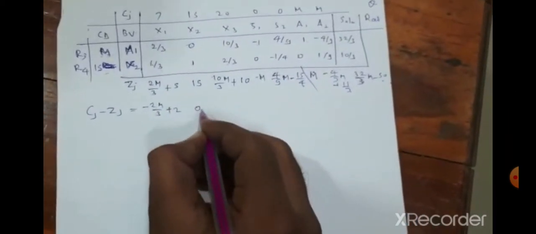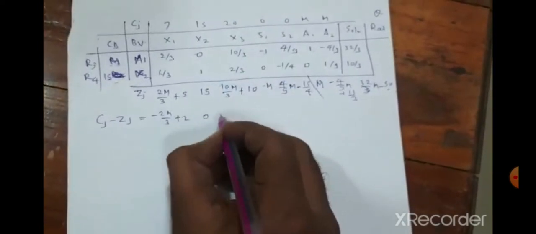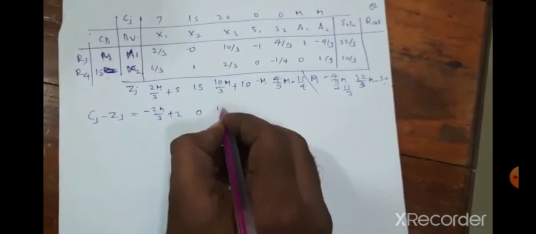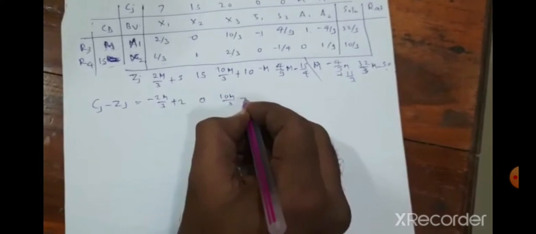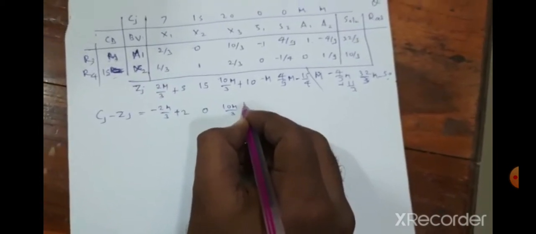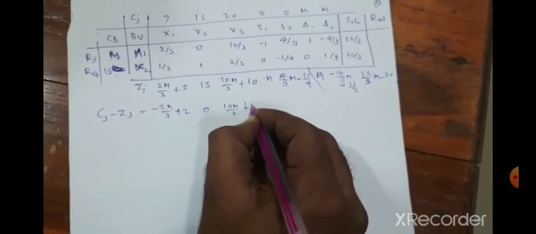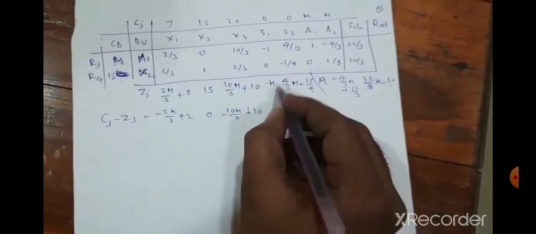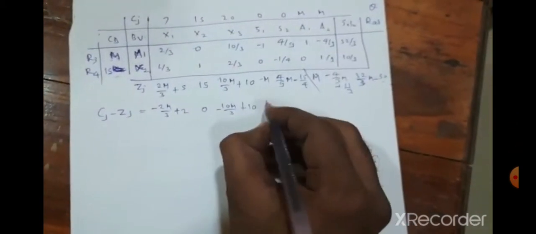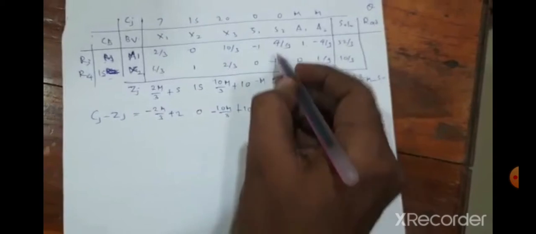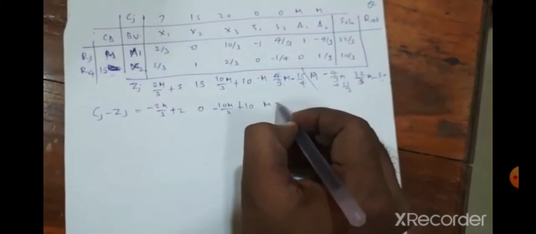So you will get minus 2M by 3 plus 2. Similarly, for the second column you will get 0. For the third column you will get minus 10M by 3 plus 10. Similarly you will get all these values.